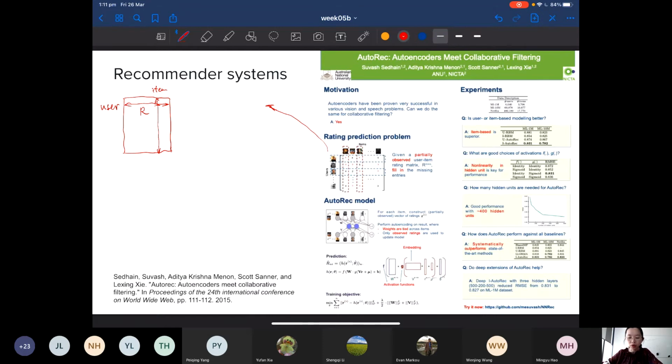Right, the traditional approach since about 2007 or so was to do matrix decomposition, which relates to singular value decomposition.